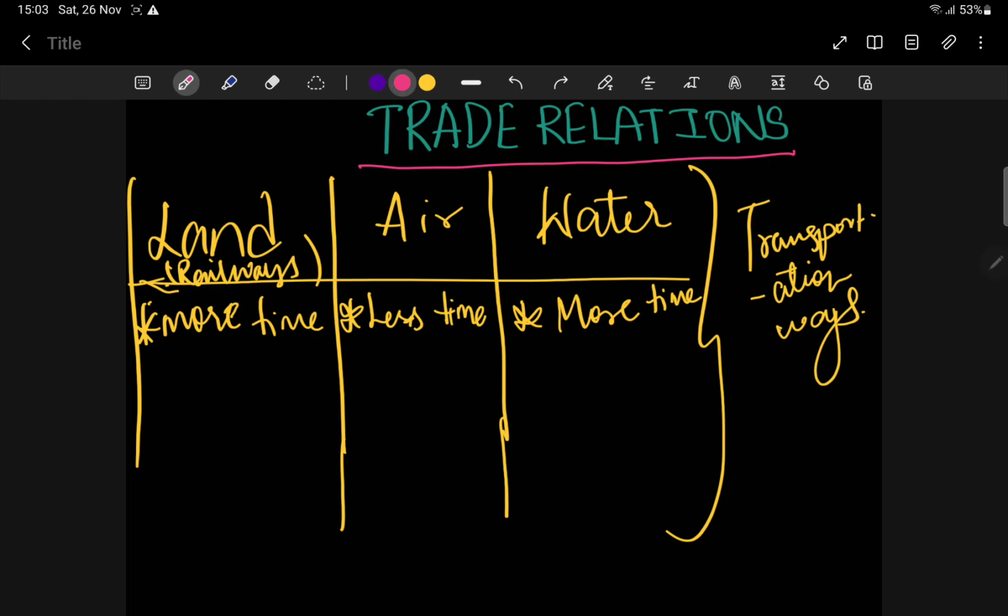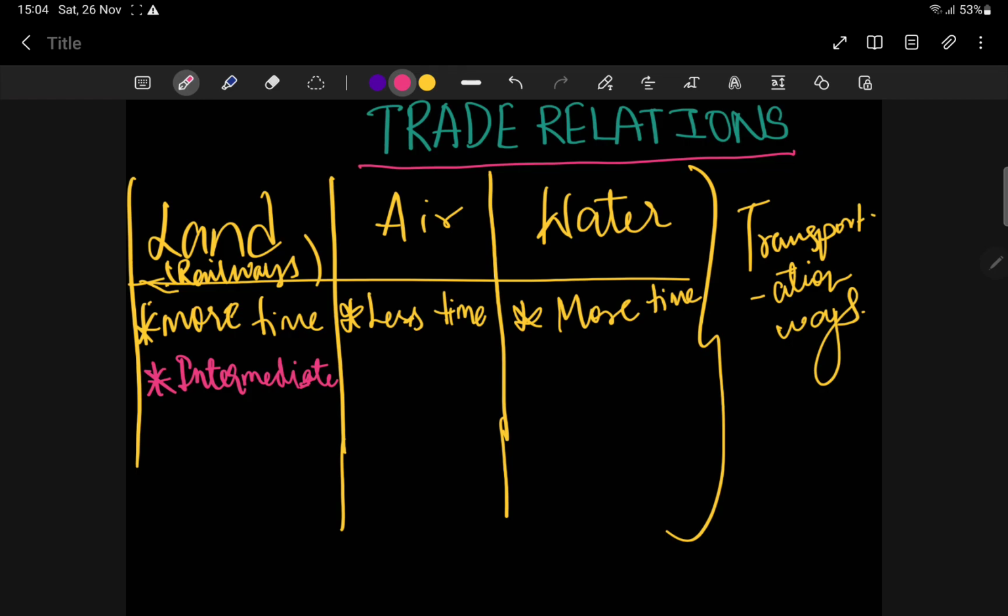Let me tell you one thing, that inland transportation cost is, let's say, intermediate. It is not too high, not too low. Let's compare, okay? Because railways also, it's not too much, not too less.